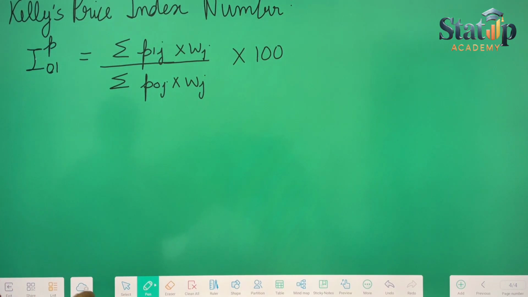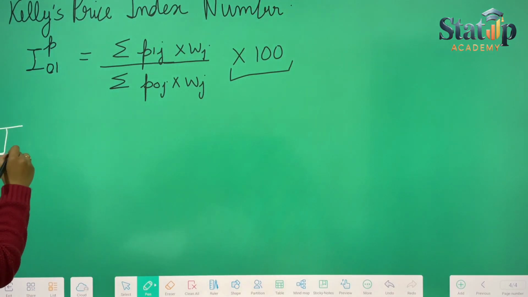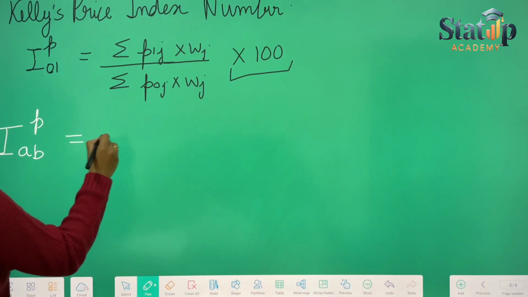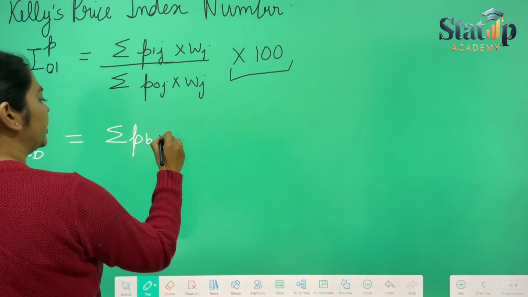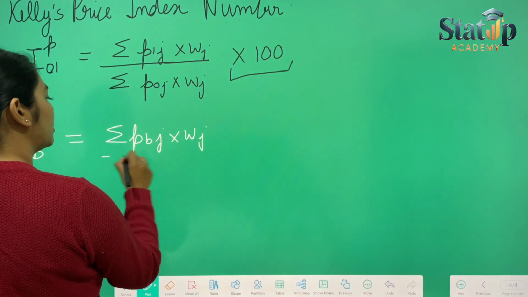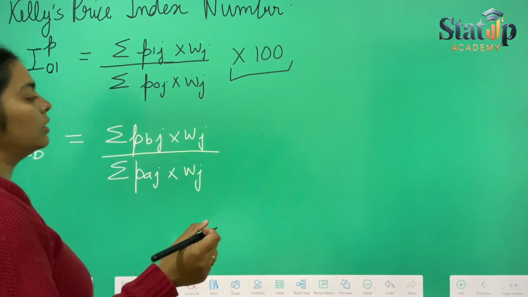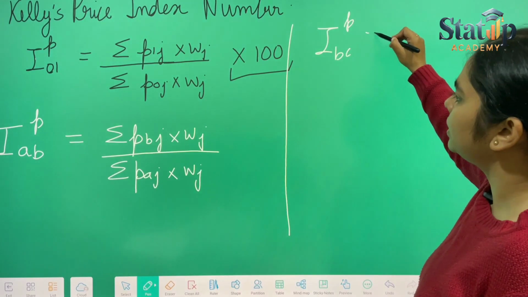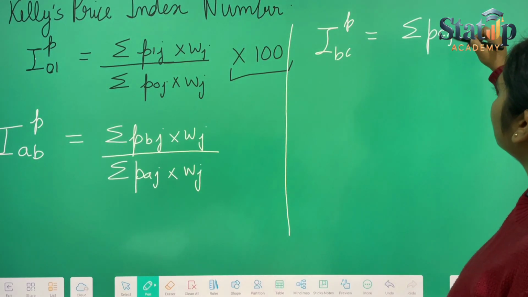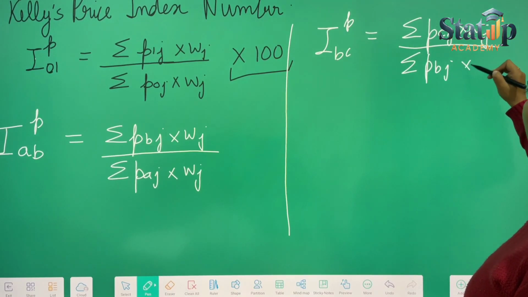So if we ignore this value 100, then we can take the values IABP equals to summation PBJ into WJ upon summation PAJ into WJ, where WJ is the weight, as we all know, and IBCP will be equal to summation PCJ into WJ upon summation PBJ into WJ.